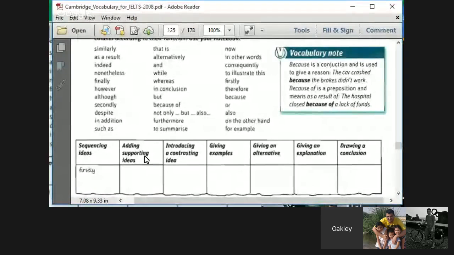You're absolutely correct. I should have mentioned that. Adding a supporting idea, possibly if you're giving a second example, or possibly even giving an alternative. Yes. Because the difference between giving examples, giving an alternative, or giving an explanation sometimes is very, very small. That's right. So absolutely, some of these possibly might fit in more than one category.